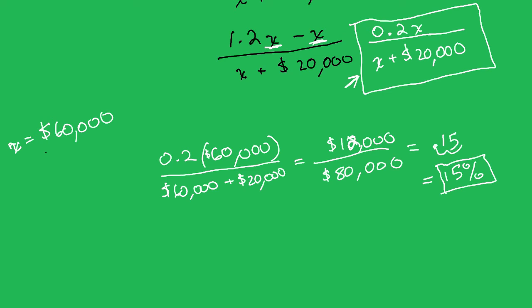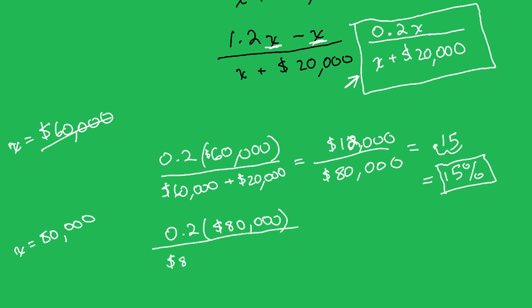Here we already found out what the percent increase would be for $60,000. Let's try a little bit higher number and go $80,000. So let's say X is $80,000. Just plug into this expression up here: 0.2 times $80,000 over $80,000 plus $20,000.